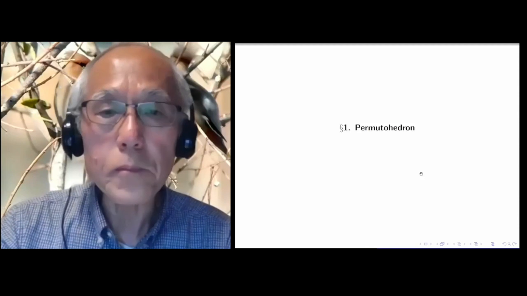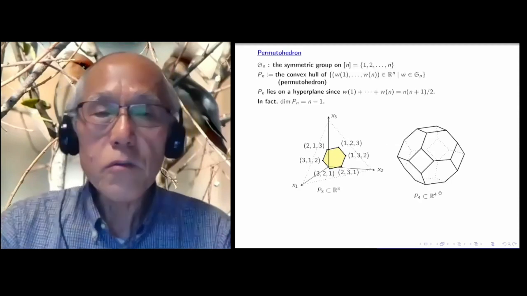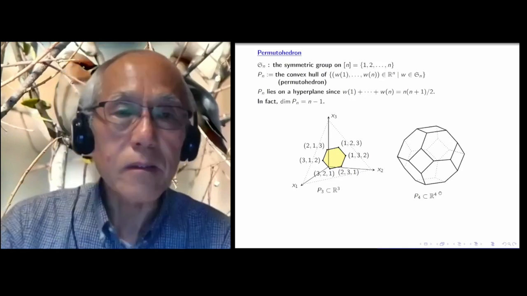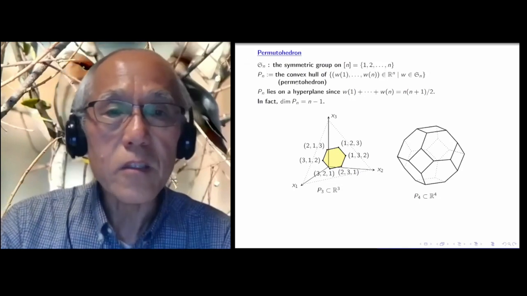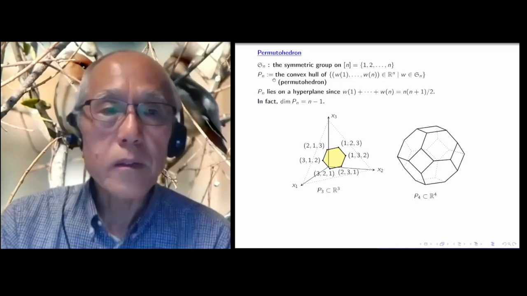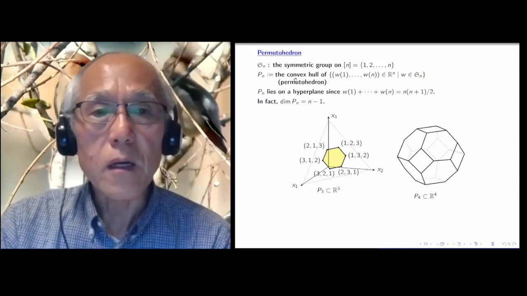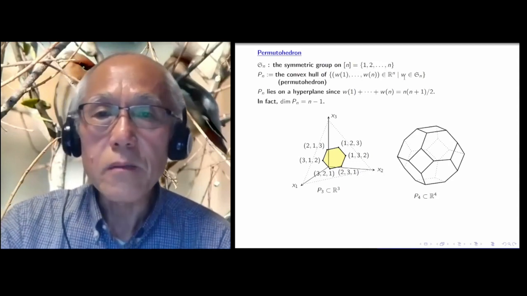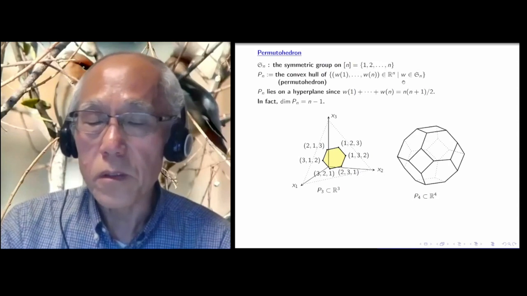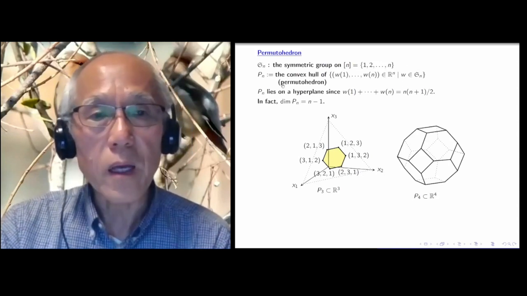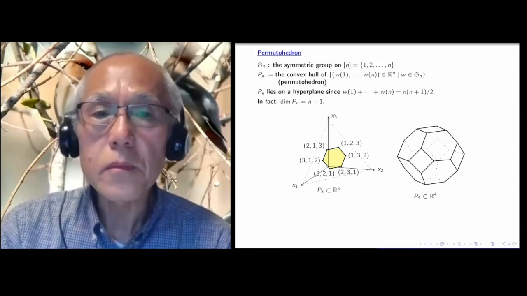with the permutohedron. As you know, first, Sn is the symmetric group on n letters, and Pn is the convex hull of points in Rn associated to the permutations. This Pn is called the permutohedron.